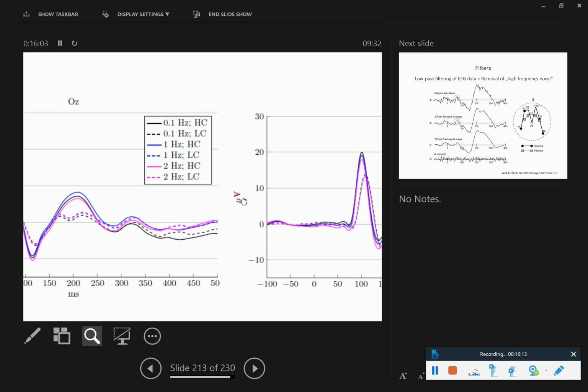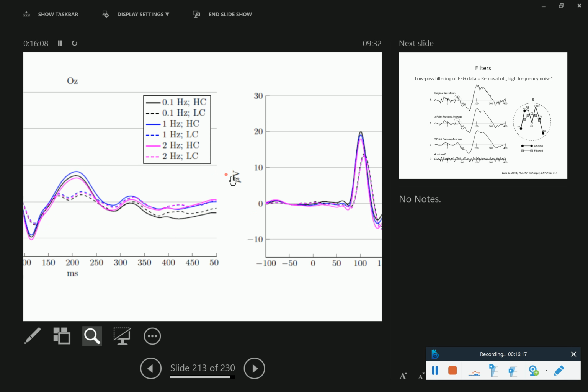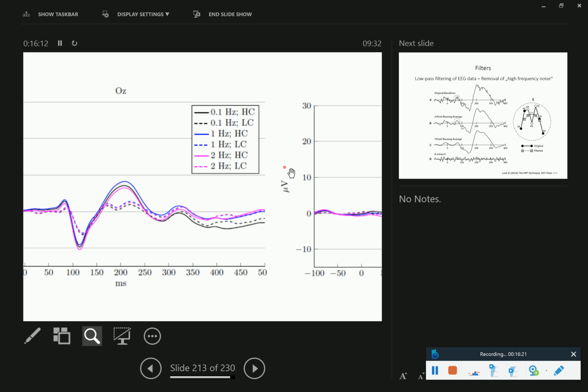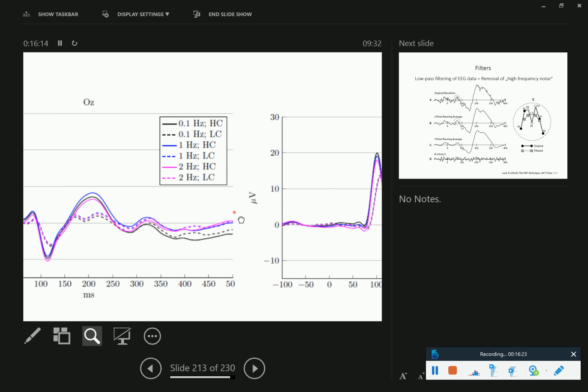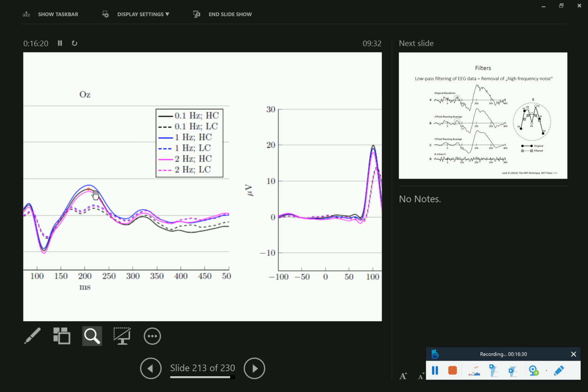The more important thing, from my perspective, is if you, for example, look at the P100 effect here, and you want to compare the high and low coherence. These were different electrodes, sorry, I wasn't clear about that.